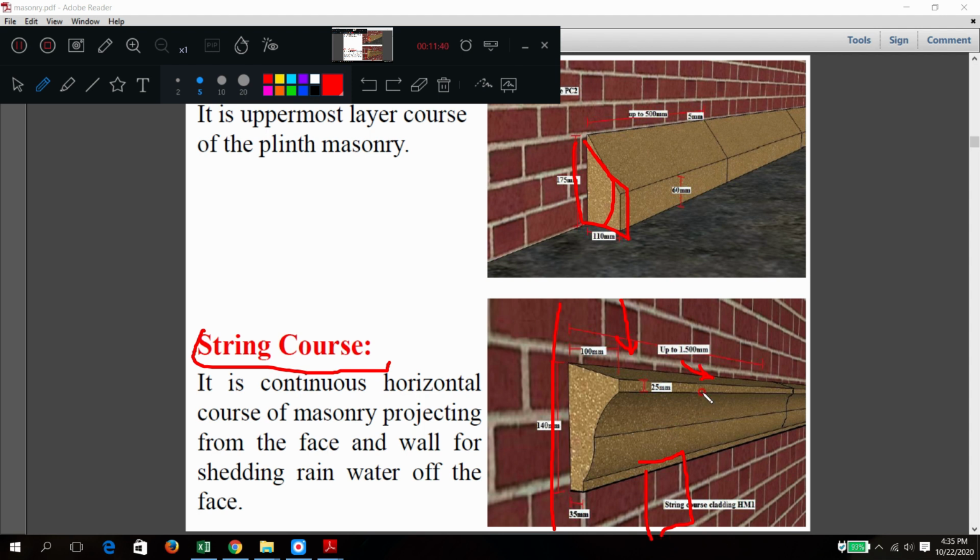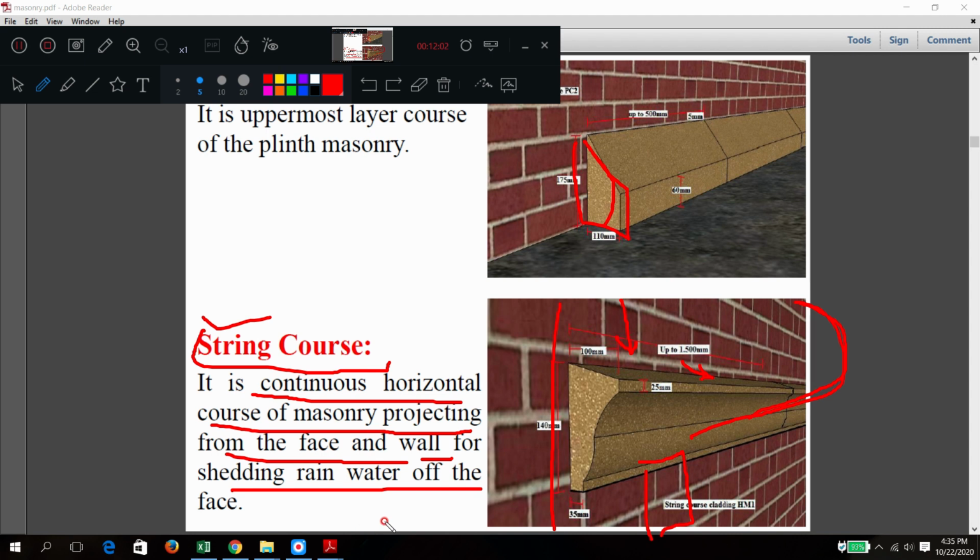For architectural purposes, this string course is there. It is throughout the wall, surrounding the building, continuously running. So what is a string course? It is the continuous horizontal course of masonry projecting from the face of the wall for shedding the rainwater.